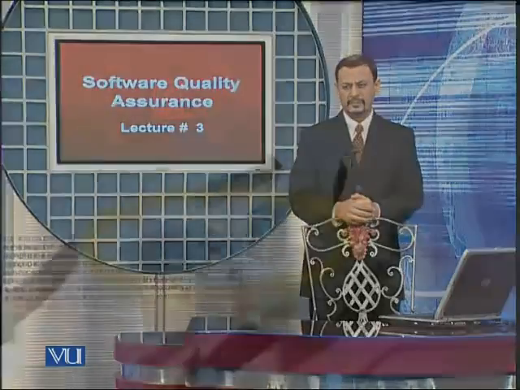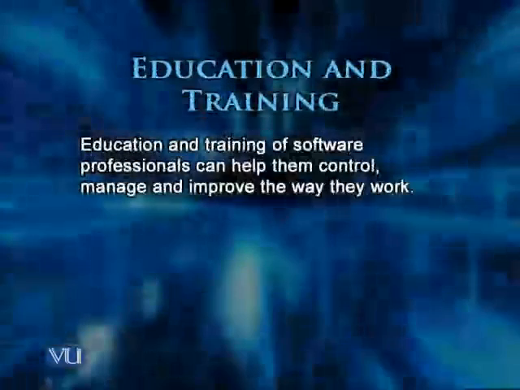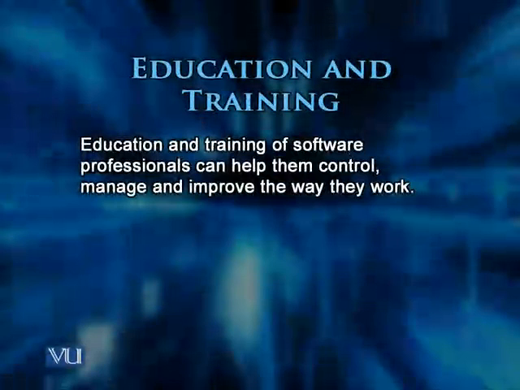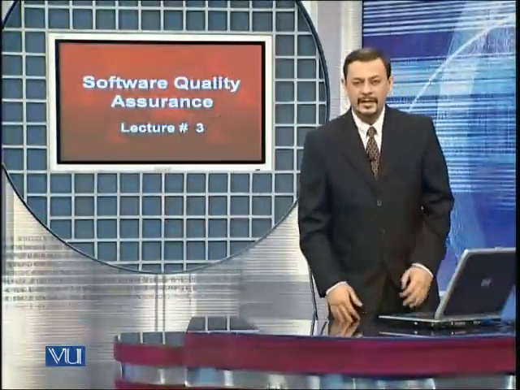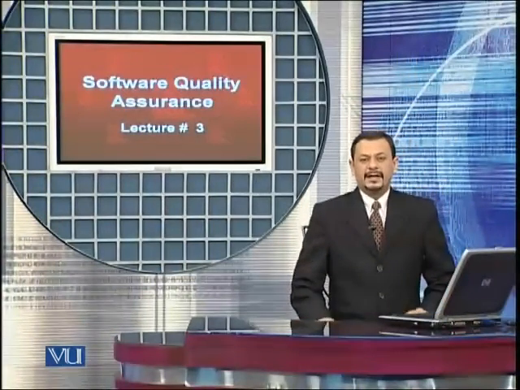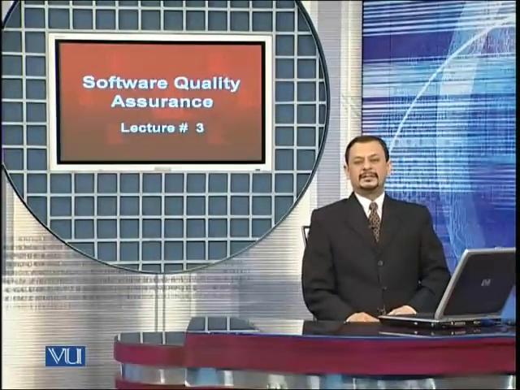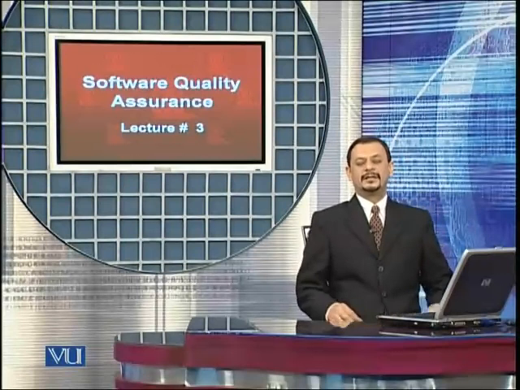into the work products. With their education and with their training, the humans, that is the IT professionals, control, manage, and improve the way they work. And if they can control and manage and improve their professional activity, their professional tasks, what else is needed?